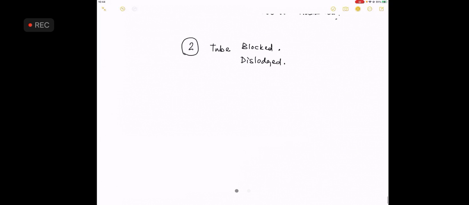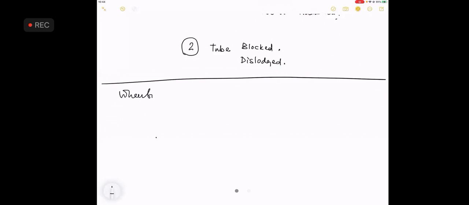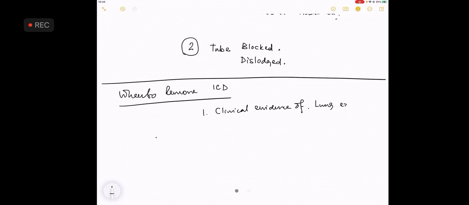So this is all things that are done. The last point in this is when to remove the chest drain. When to remove the intercostal drain, ICD? Answer is very simple. There is a clinical evidence of lung expansion.